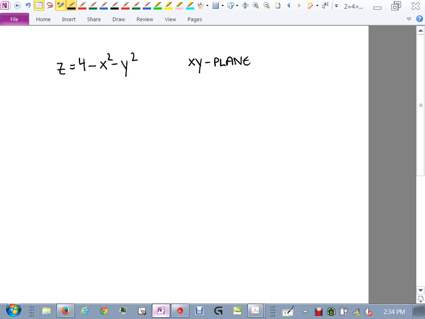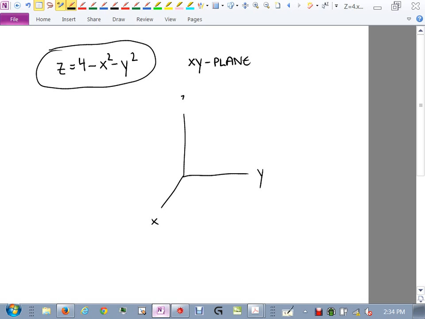So this is a paraboloid, right? It opens which way? And how can you tell? So if this is x, this is y, this is z, that's a paraboloid, so we know it looks like a bowl. If I plug in 0, 0 for x and y, where am I? 4?